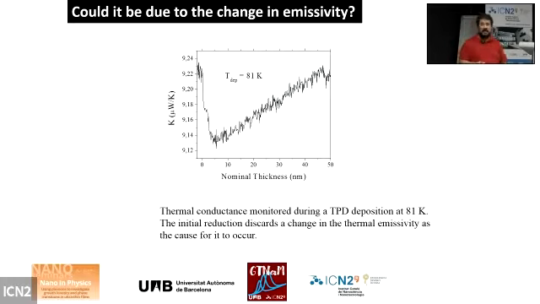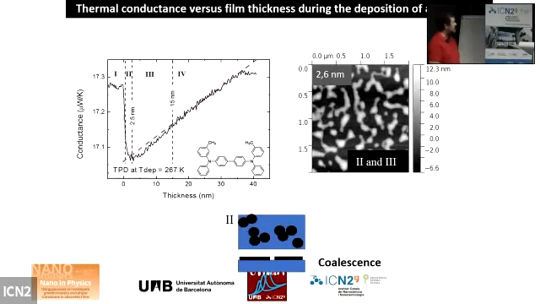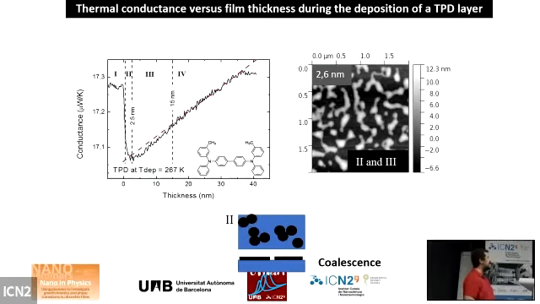It was not at all related with emissivity, which was the point we wanted to check. This depression of the thermal conductance is a physical effect related to the scattering of the phonons traveling through the nitride, which interact with the islands.